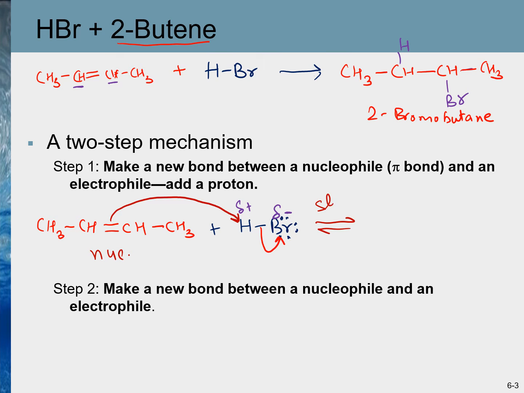Okay, so this step will be a slow step, and as we know from kinetics, slow steps are the rate determining step. After this attack we will get a reaction intermediate, and this intermediate will be a carbocation.